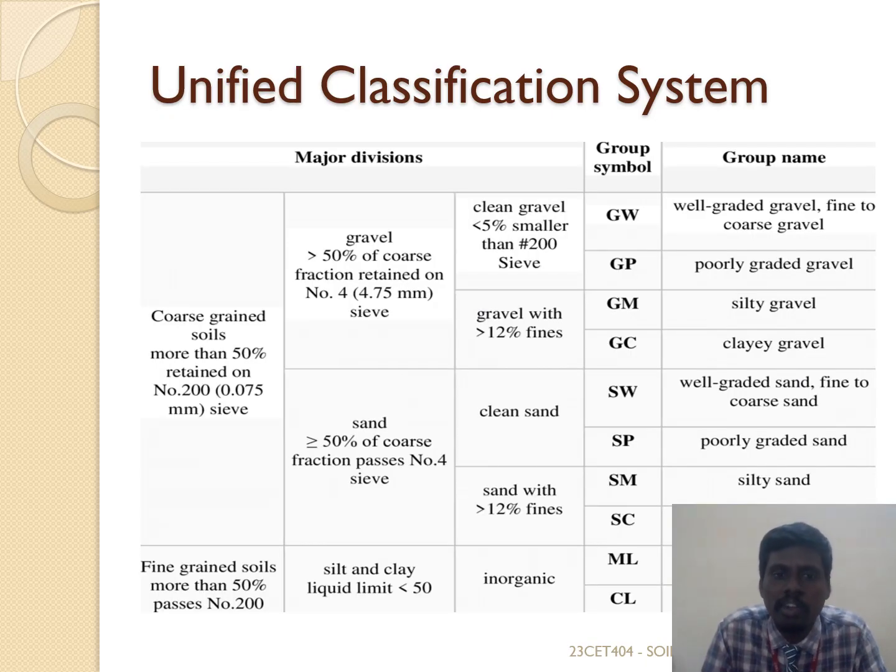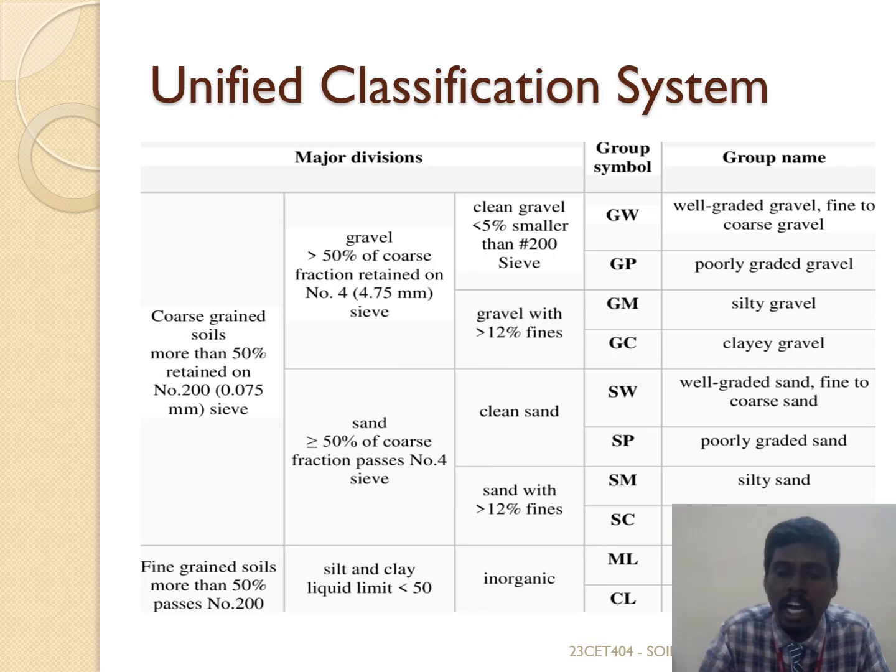And the next one is the unified soil classification system. It is based on major divisions: coarse grained soils and fine grained soils. Coarse grained soils are further divided into gravel and sand. Gravel is further divided into GW, GP, GM and GC.